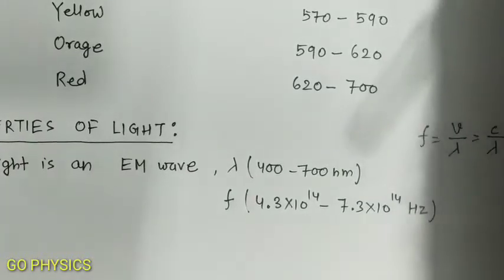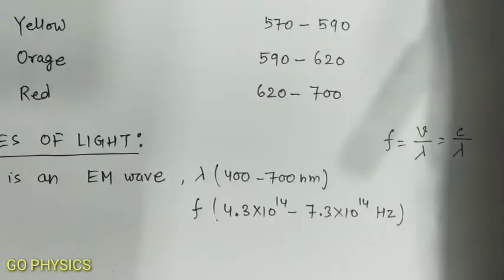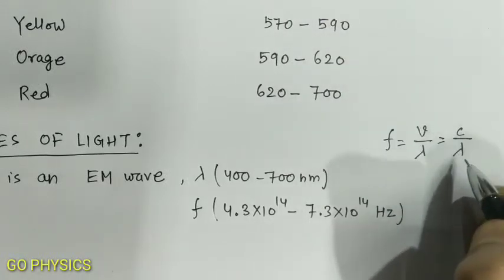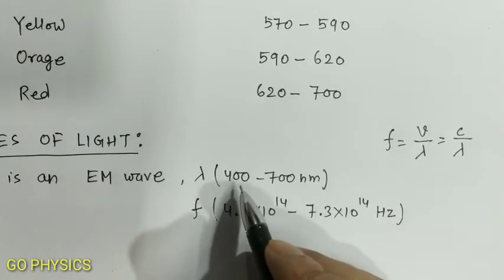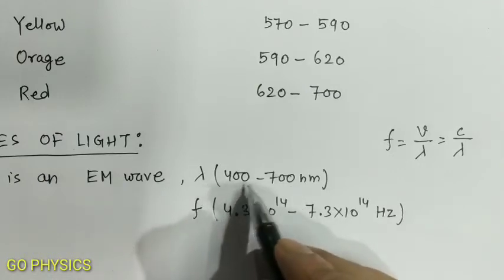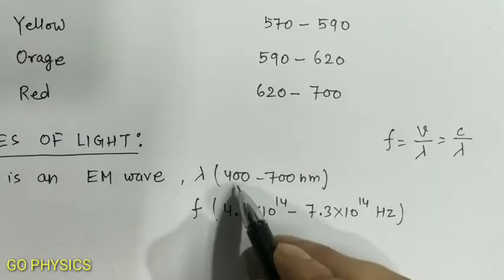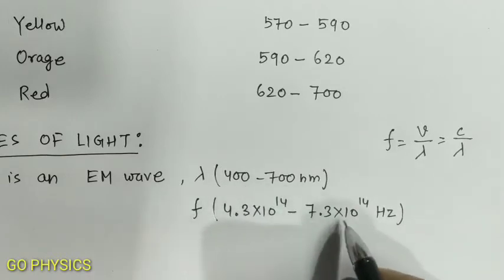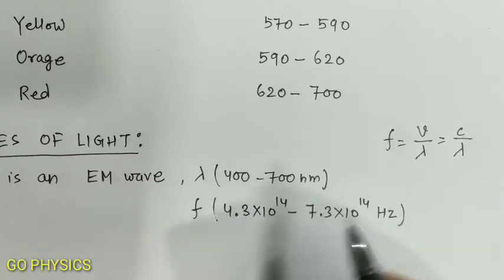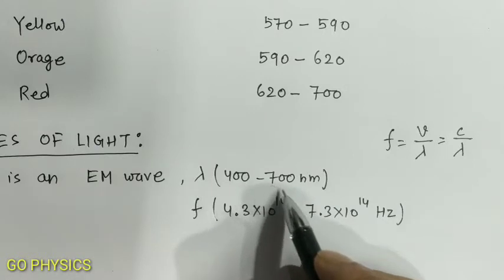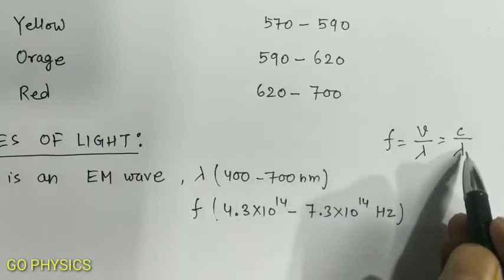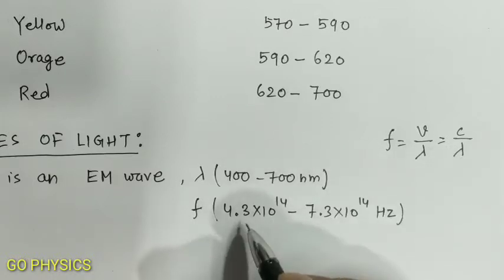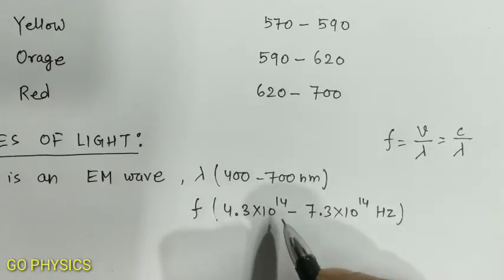In place of c, substitute 3 into 10 to the power 8, and in place of lambda substitute 400 in meter, 400 into 10 to the power minus 9. So we will get 7.3 into 10 to the power 14 hertz. And if we substitute 700 into 10 to the power minus 9 in place of lambda, then we will get 4.3 into 10 to the power 14 hertz.